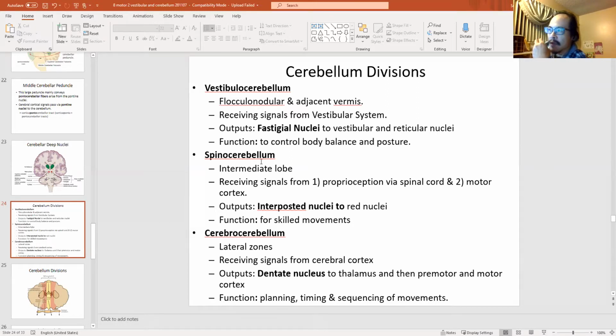The spinal cerebellum is located in the intermediate lobe. It receives signal from two areas. One is from the proprioception, and then from the motor cortex.